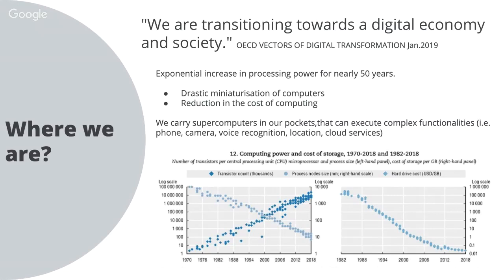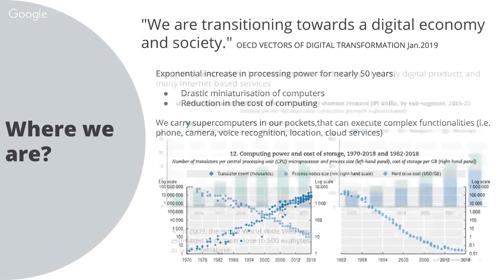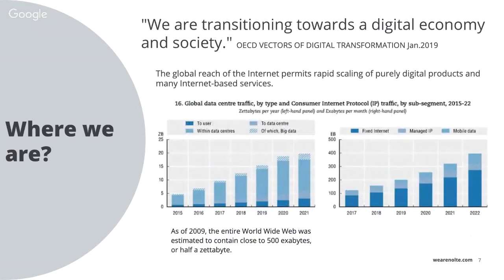The other element that has been changing society and pushing us towards this digital economy is the amount of data that we can exchange over the internet. The global reach of the internet allows us to have rapid scaling. Just as one fact, based again on this OECD digital transformation paper, as of 2009 the entire World Wide Web was estimated to contain close to 500 exabytes, so half a zettabyte.